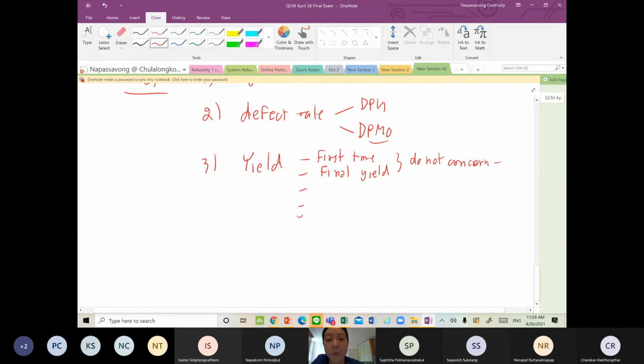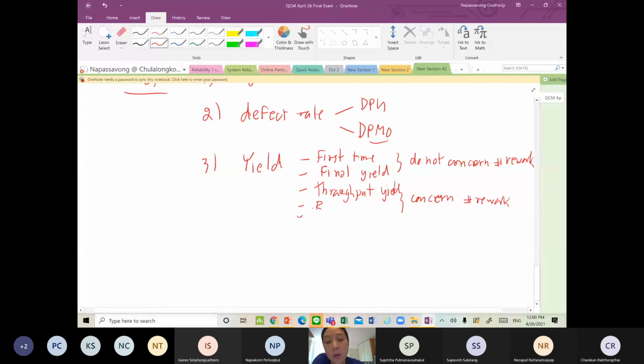But if we concern the number of rework, review this by yourself, we will have another two yields, which are what we call throughput yield, which is the yield of each process, considering both rework and scrap.